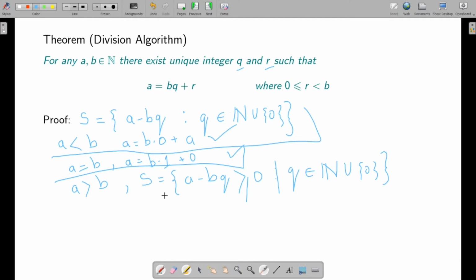Okay, let's try to prove that this set is non-empty. Can someone tell me, give me an element in this set? That means I want some expression A minus BQ, where Q is in N union 0, that lies inside this S. That is, that A minus BQ should be greater than or equal to 0. Can someone tell me what value of Q will make A minus BQ lie inside S?